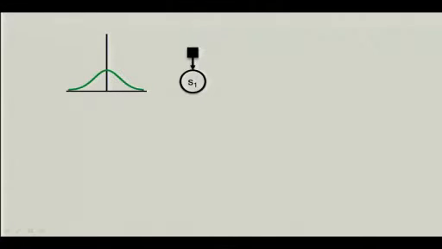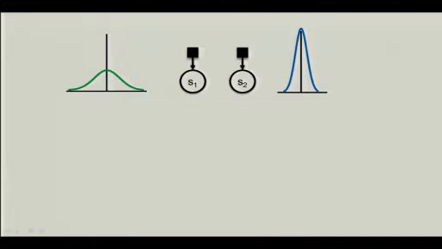So perhaps this is a new player that's only played a couple of matches and we're not quite sure of his or her skill. And then we have a second player with a skill S2, and they also have a skill represented by a mean and a variance by a probability distribution. In this case, it's a little more narrow, likely because this person's played a lot of games, and we're a little more certain that the actual mean is their actual skill level.